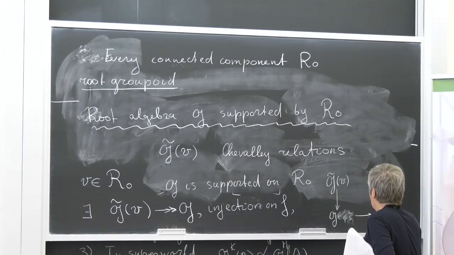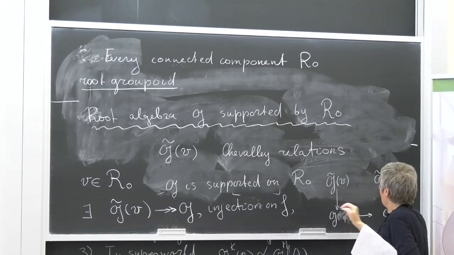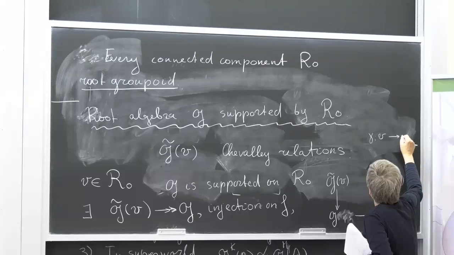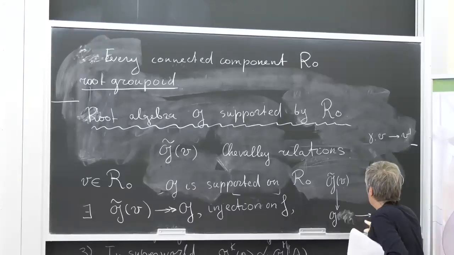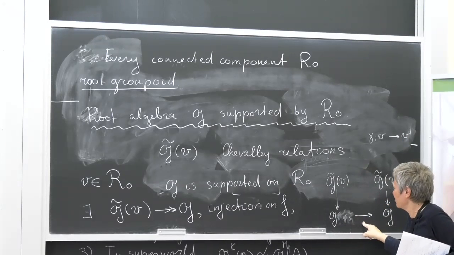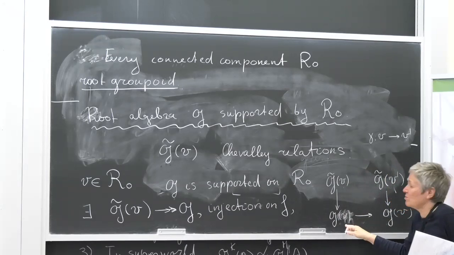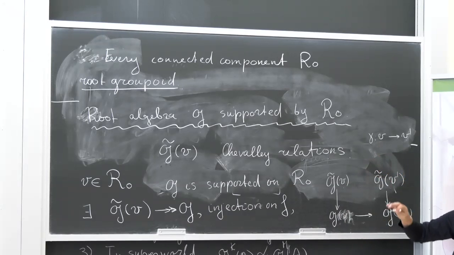On the generators, if I have gamma, the morphism from V to V prime, this induces an isomorphism here. So this is the same algebra G, but it's a different set of generators.